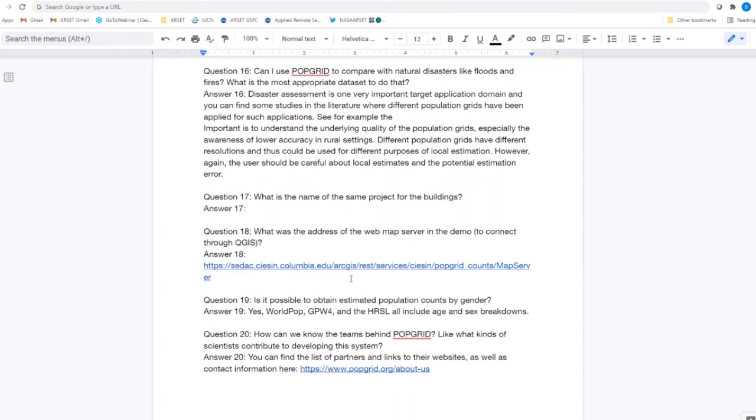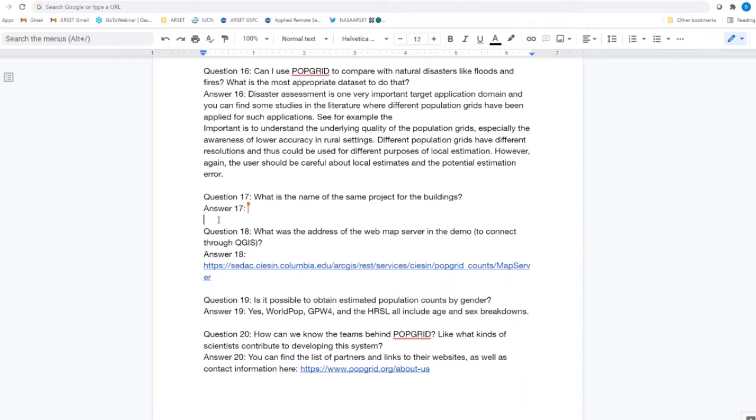Question 17, what is the name of the same project for the buildings? I guess you referenced a project that had to do with buildings and structures? Well, there are two projects I know that use building structures or at least detected building presence or absence.